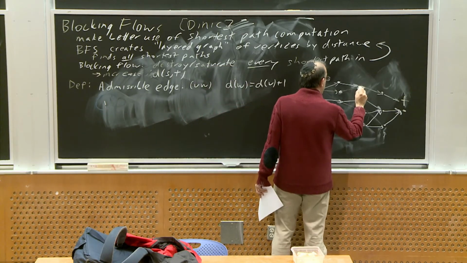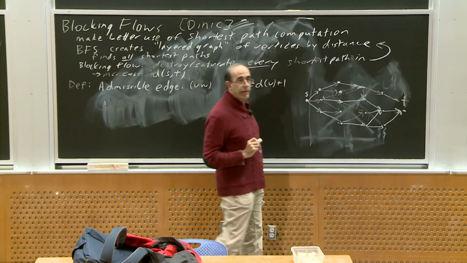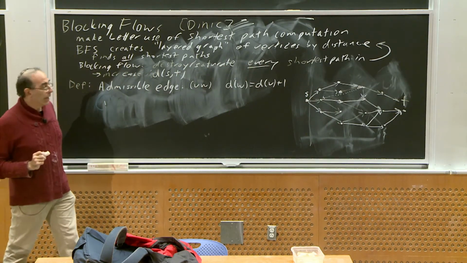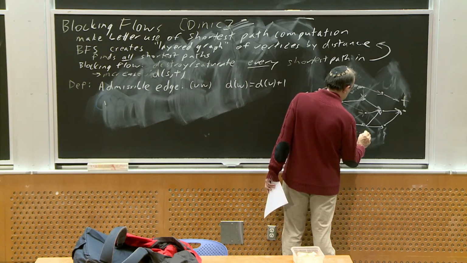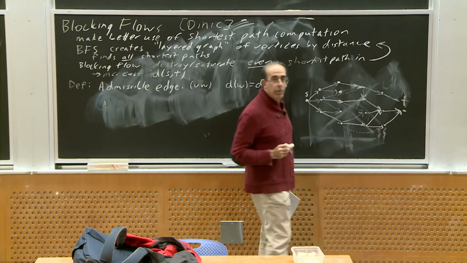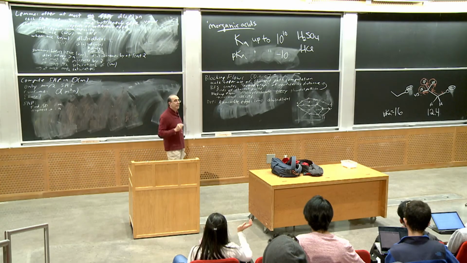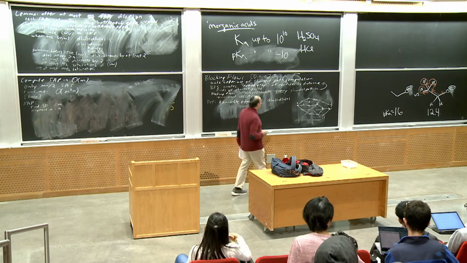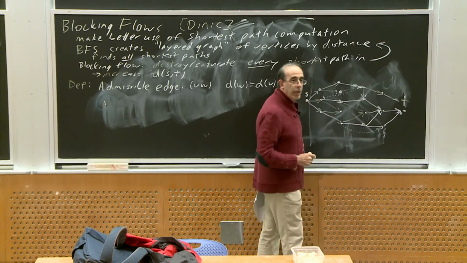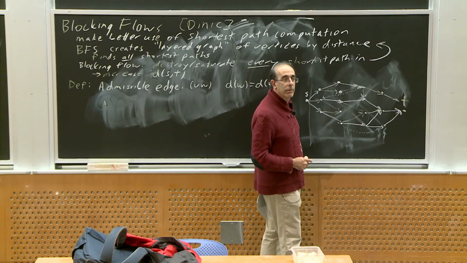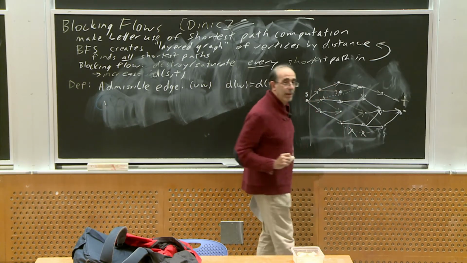I could also have an edge that goes backwards some arbitrary distance. Okay. But what can't I have? Well, I claim I can't have an edge that goes forwards multiple levels. How come? Yeah? Because then the distance from the sink is one closer. Exactly. If I have an edge that traverses multiple levels, then its endpoint is in the wrong level. Right? So that's not possible. Okay?